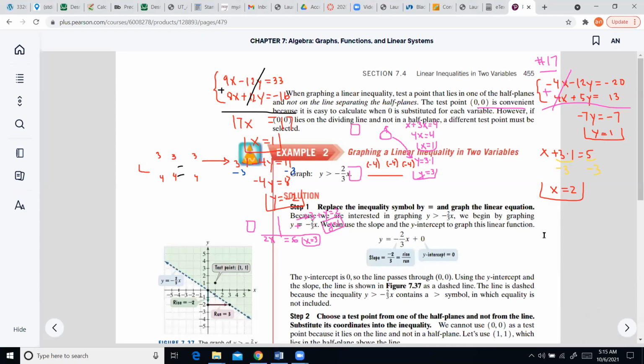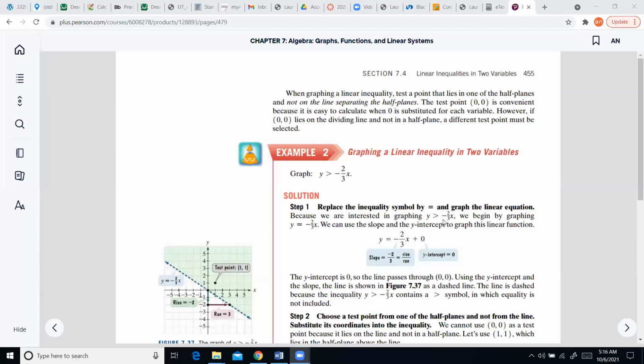So I guess graphing of inequalities is done here. Let me clean everything I wrote here and share this again. And look at a couple of problems that want us to solve inequalities.